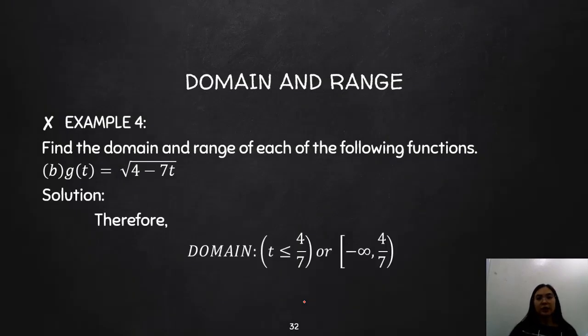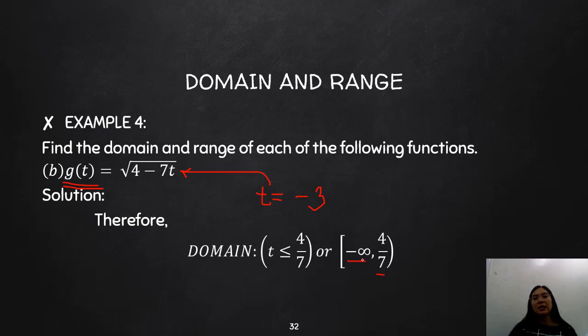So therefore, the domain is t is less than or equal to 4 over 7, or that is from negative infinity to a value of 4 over 7. Ano ibig sabihin nito? Pag nagbigay ka ng value ng t equivalent sa kunyari negative 3, diba? Tapos pag plug-in mo tong t value na to doon sa equation na yan, you will get a positive value of your function.